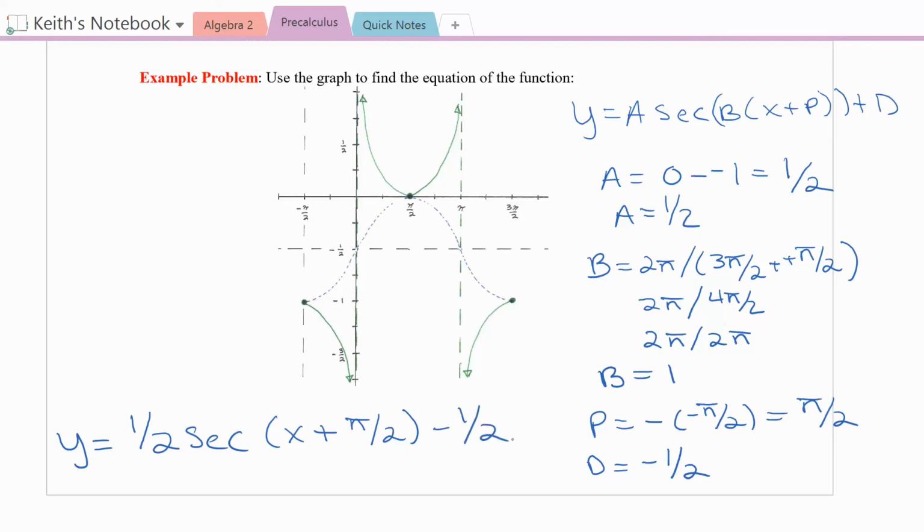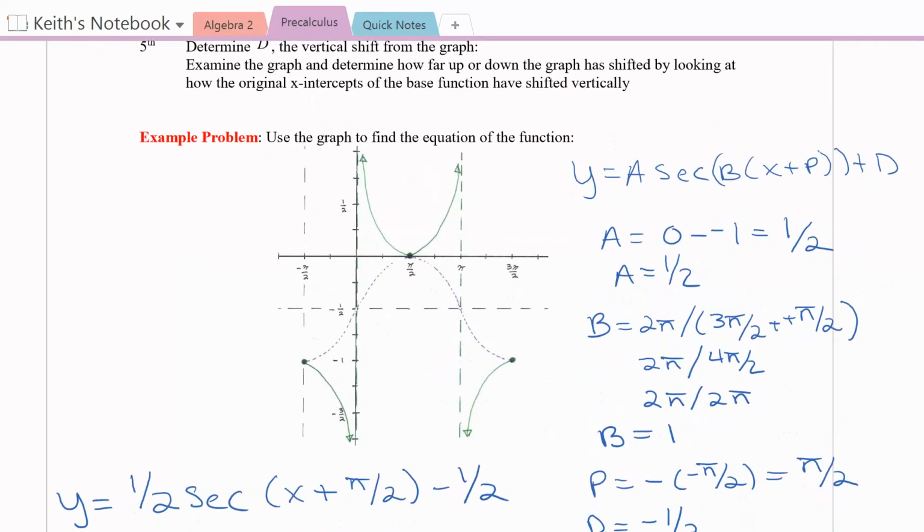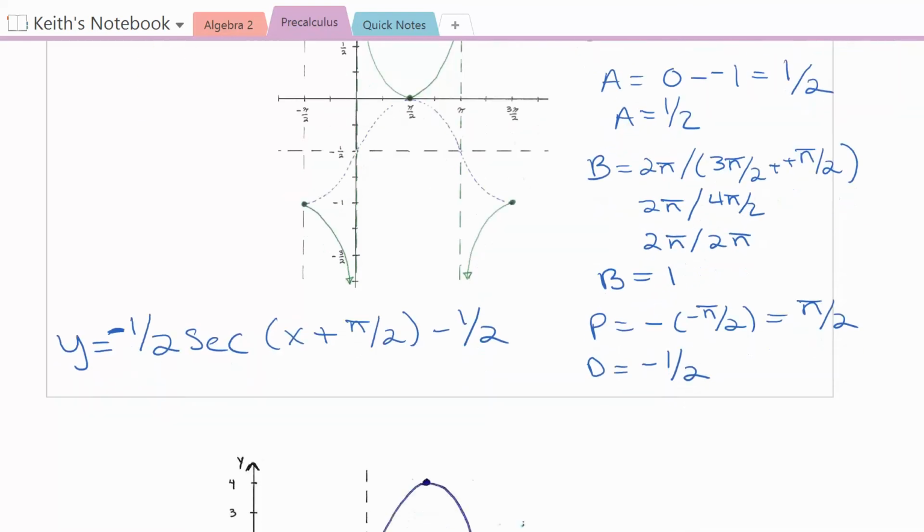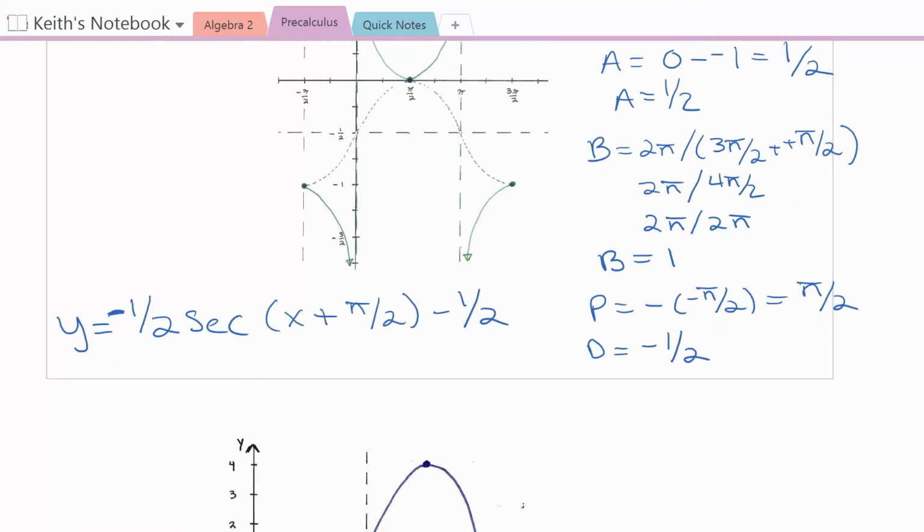Now the other thing we have to determine is whether there is a reflection. Normally cosine or secant would go down then up. This is going up then down, so that means there was a reflection here, so we have to put a negative sign in front of the 1/2. All right, so let's look at the next one.